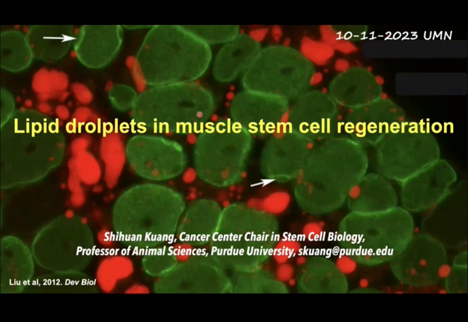What we can tell is that in a regenerative muscle, unlike a non-regenerative muscle, the cell nuclei are in the middle of the cells, but in a nice regenerated muscle, the nuclei are usually in the periphery.